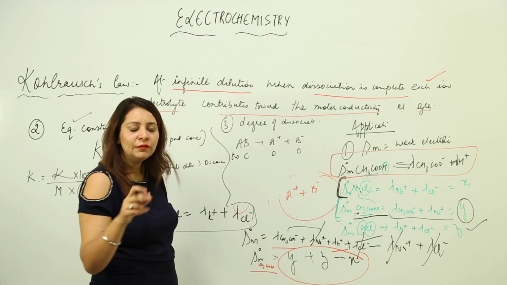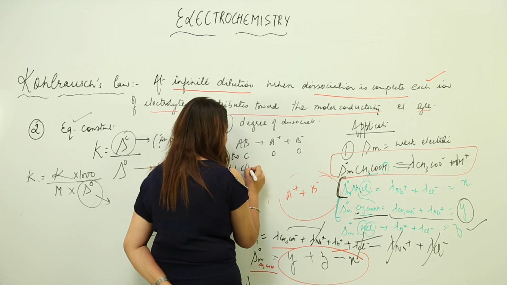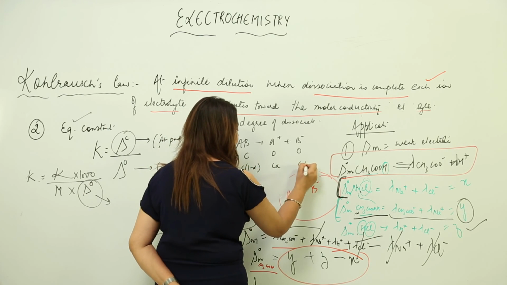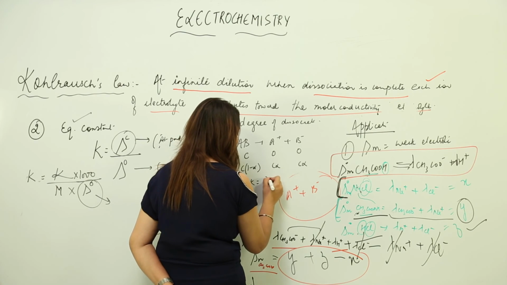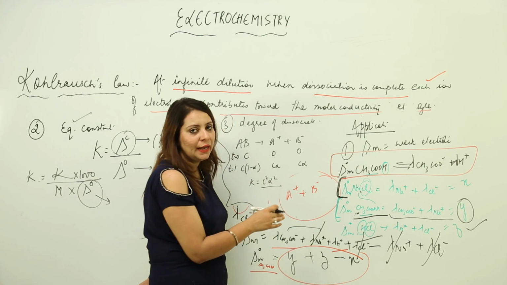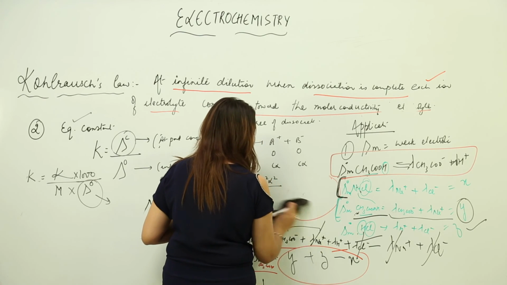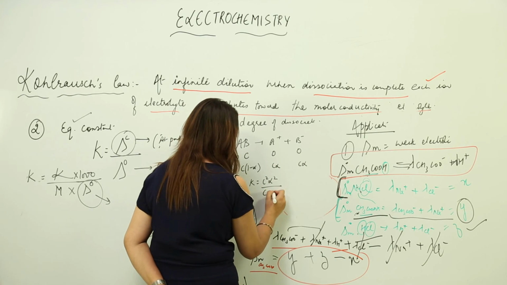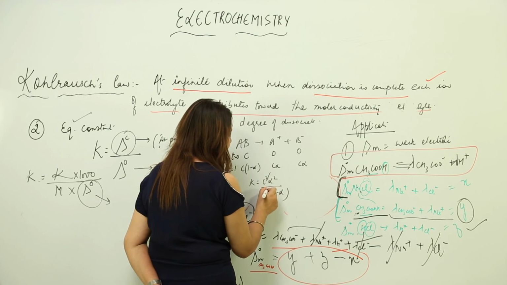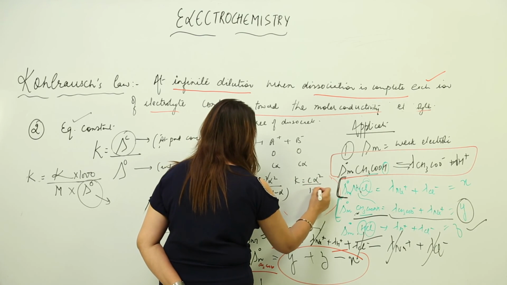So now if alpha is the degree of dissociation, at time t it gets dissociated to this thing and C alpha is formed. So if we write the expression for K, it becomes C square alpha square. This we have already done in equilibrium, right? So if you have any doubt, just refer to the equilibrium slide. So it is C square alpha square divided by C into 1 minus alpha. C cancels out. So K is equal to C alpha square upon 1 minus alpha.